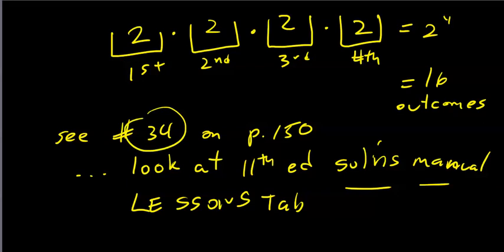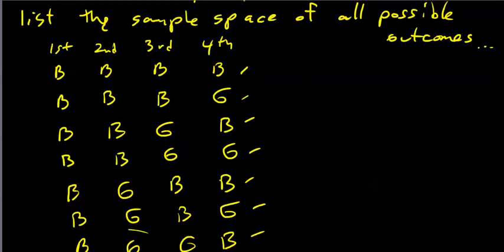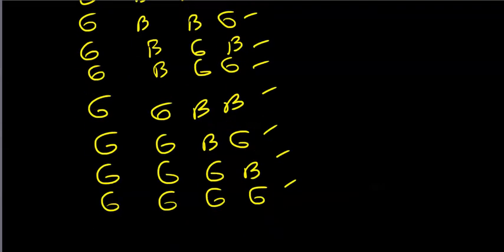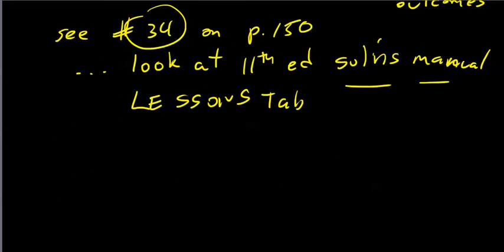I'll have this problem worked out with the above 16 possibilities listed very clearly, more clearly than I can do it here online. And you'll be able to answer the homework questions pretty easily.